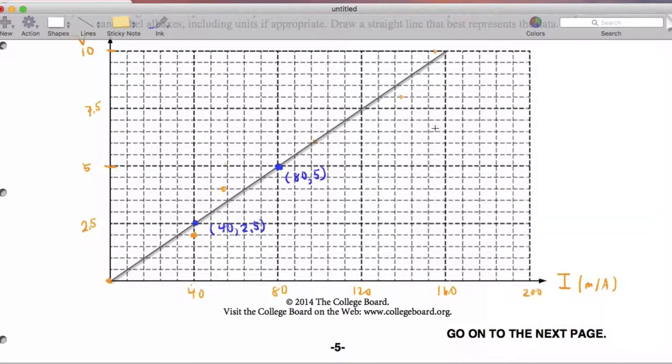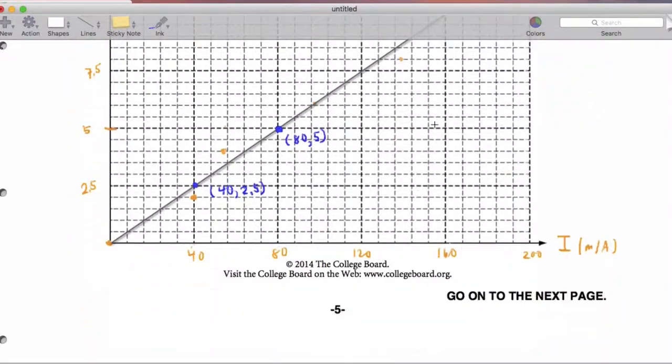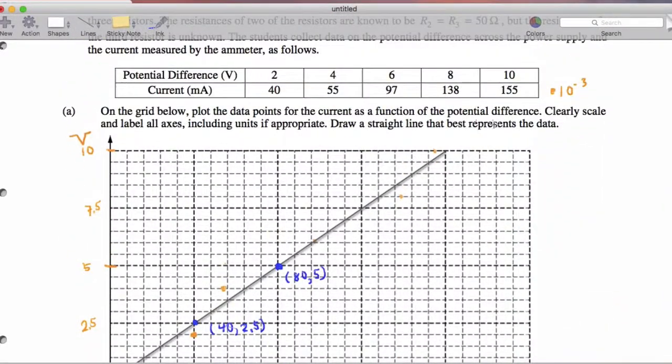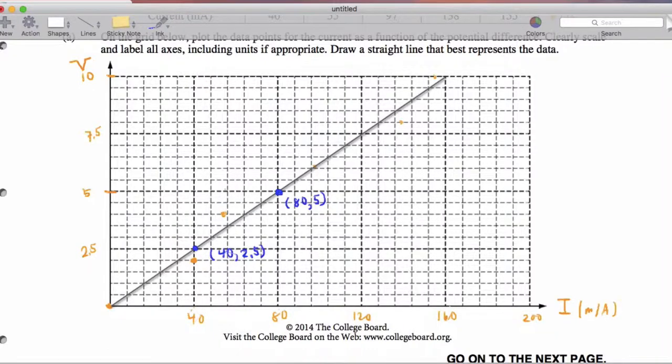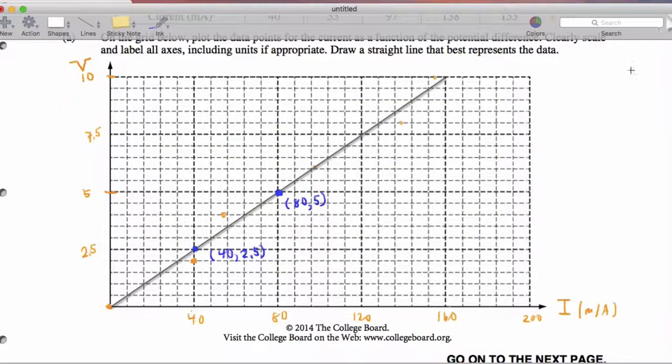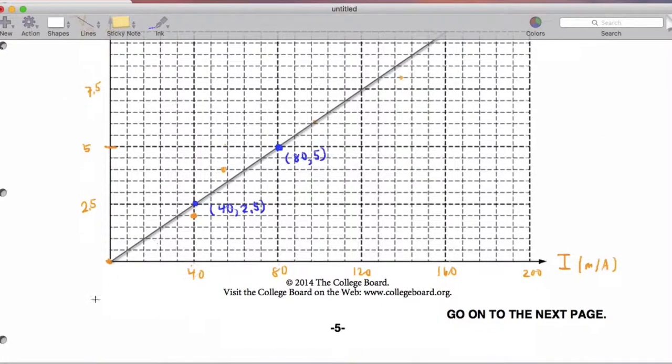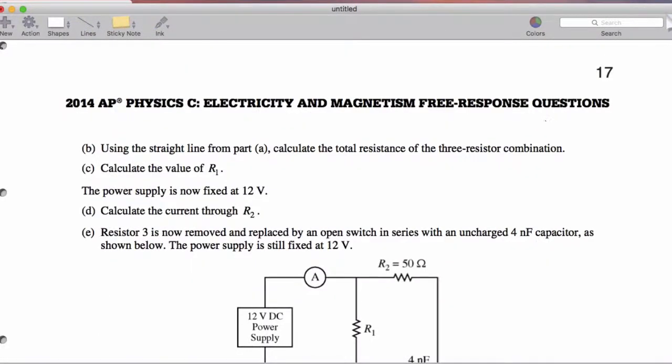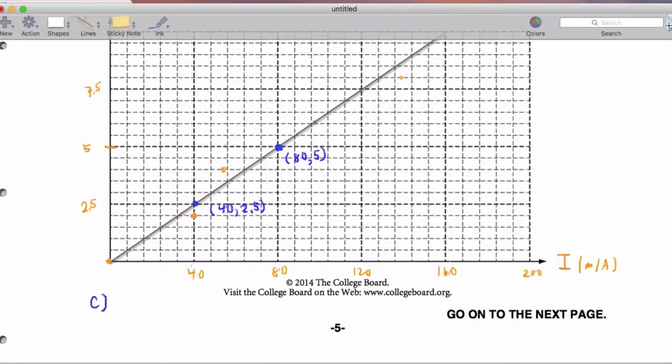So with that in mind, I'm going to go ahead and actually calculate then with these 2 points in the next page. I'm going to use the slope to get the total resistance of the 3 resistor combination. So I'm actually going to do part, let me make sure I have the part right. Yes, that'll be part B right here.